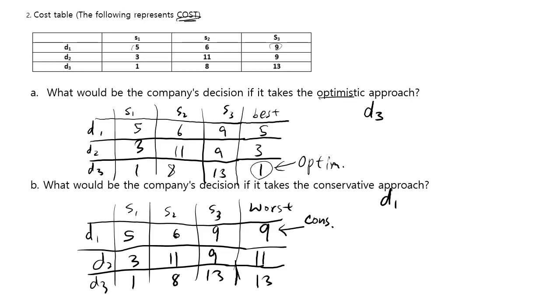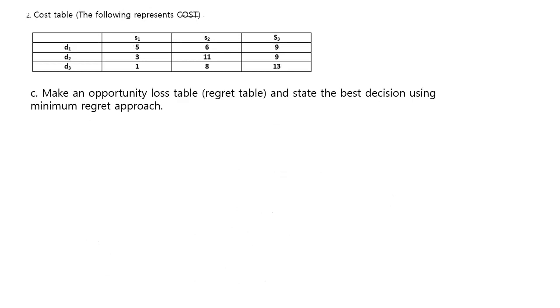Okay, hopefully that wasn't too confusing, because now we're about to do something harder, which is the regret table for the cost case. Alright, so regret table. Regret is about regret of your decision. I have to say this several times. It's the regret of your decision, not regret of your state of nature.